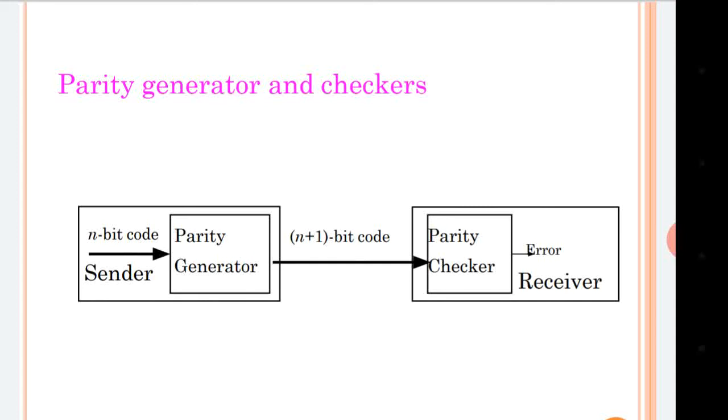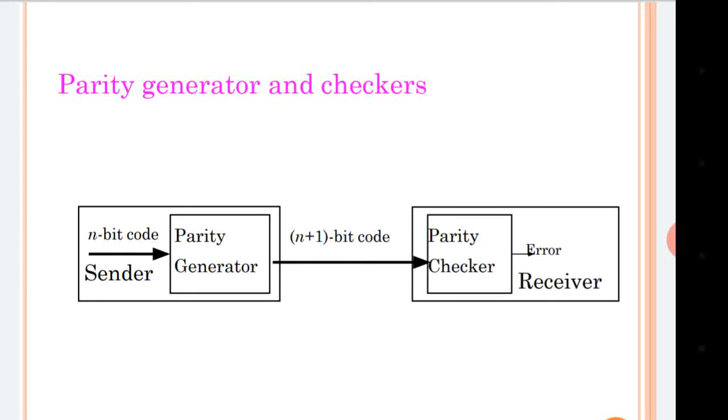For example, the sender will decide that I will send odd parity data. Then the sender will take its message in binary format and add a parity bit so as to make the data odd parity, and send it to the receiver.